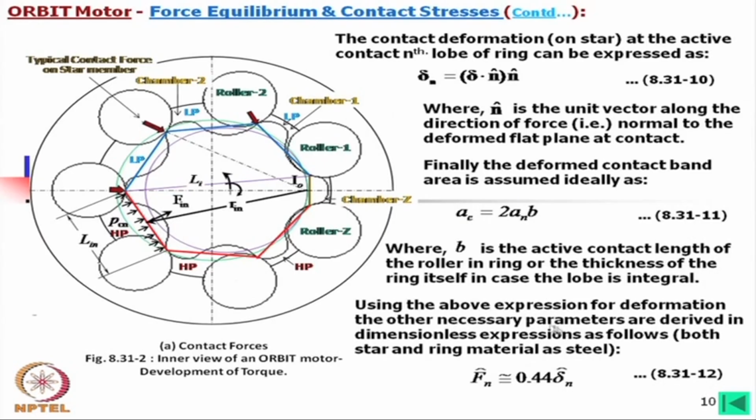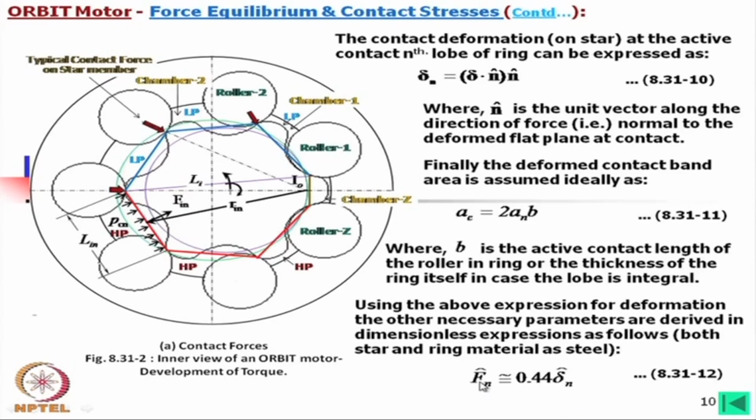Okay. Now, finally, we can express this formula, the F n non-dimensional is equal to 0.44 into delta n. Look at this, this is for both star and ring material as steel, we have considered that. So, Poisson ratio is around 0.3, with that we get these relations. Okay. This is a very simple relation.